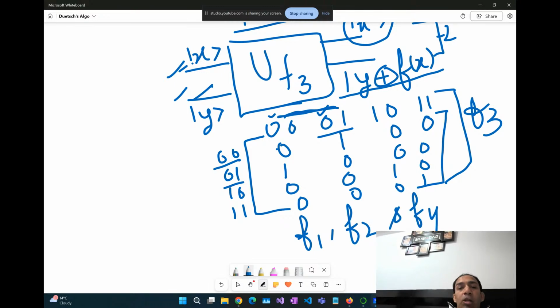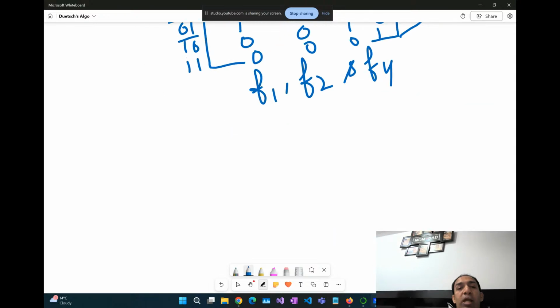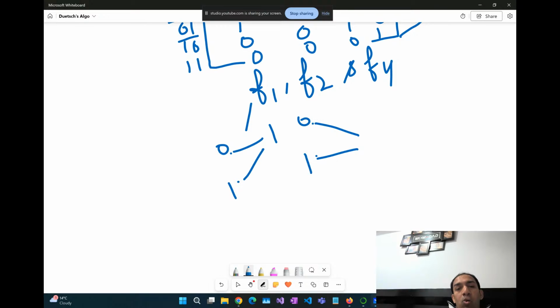Why? Just doing a quick recap, F1 is something where 0 and 1 were coming as 1. Maybe F2 was something, I forgot what F2 was, but let's say F2 was 0 and 1 was coming as 0 as an output. And F4 was, let's say, 0 and 1 and 0 and 1, like that.